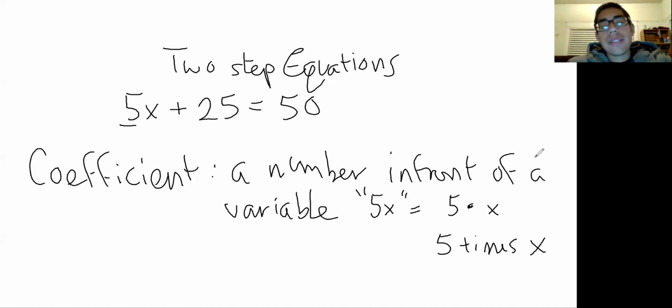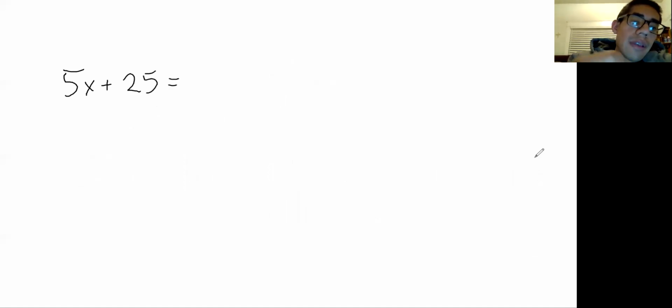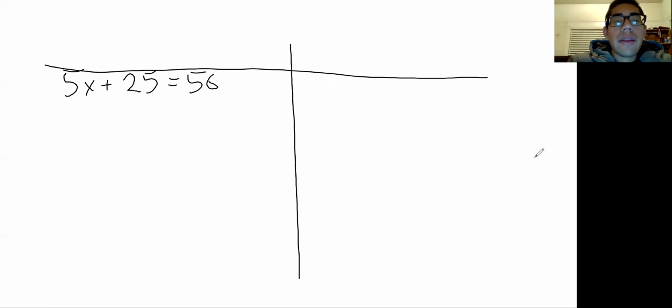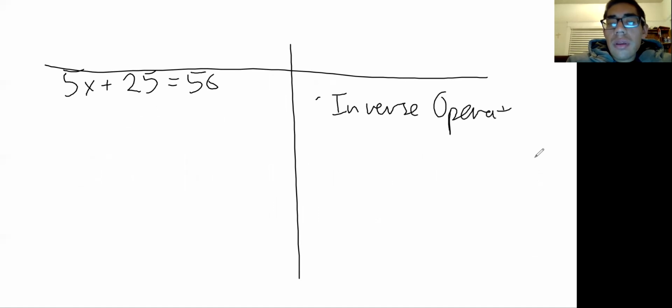So why don't we go ahead and solve this here? We're going to solve 5x plus 25 equals 50. This is my original, right? And then here we need to do the inverse operation, which means we need to identify what our operation is.